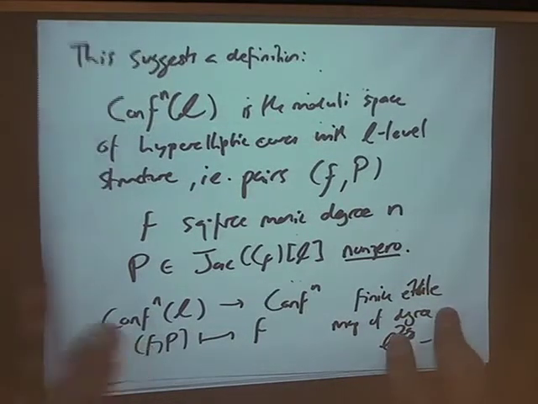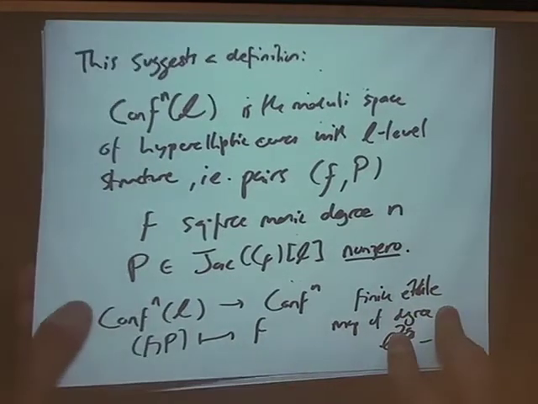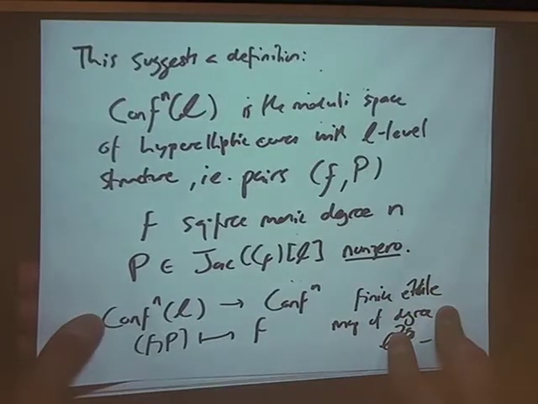Okay. So now let's think about it, and I claim this is the variety, or we'll see later, one of the varieties whose points we want to count.